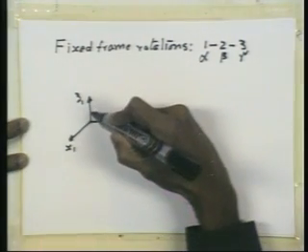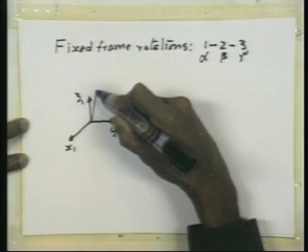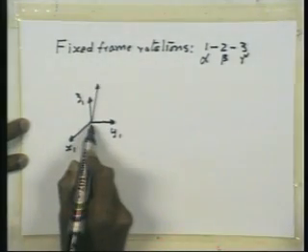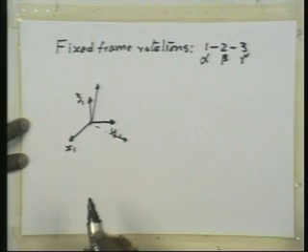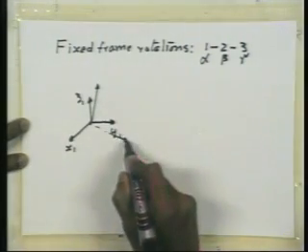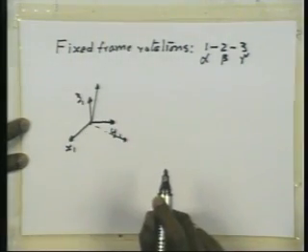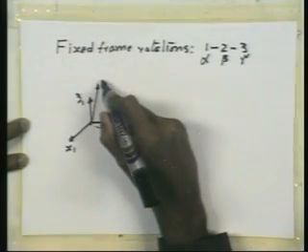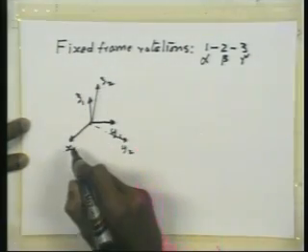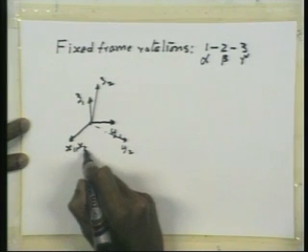If I do that, the z-axis will go here, y-axis will go here, right? So the new z and y are here, x remains where it is. So I call this y2, z2, and this is the same as x2.